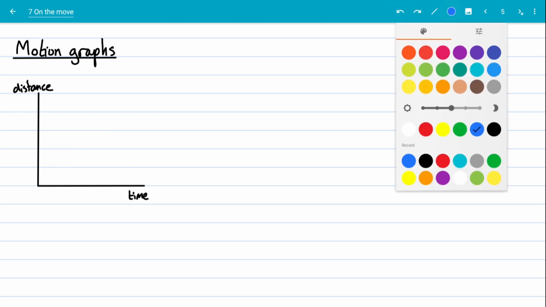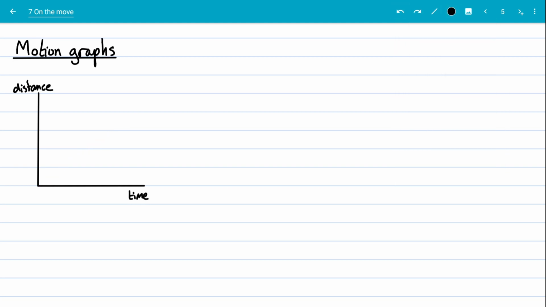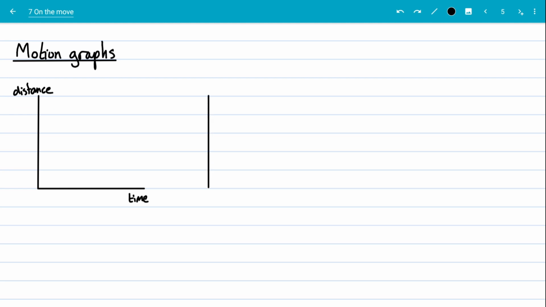Whereas a displacement time graph, and I'll draw that next to it, can show a decrease because you can reduce displacement. Time and displacement. Remember that displacement is a vector and distance is a scalar, and this is really the reason why.